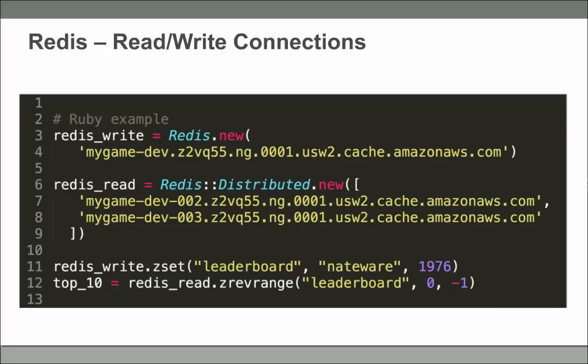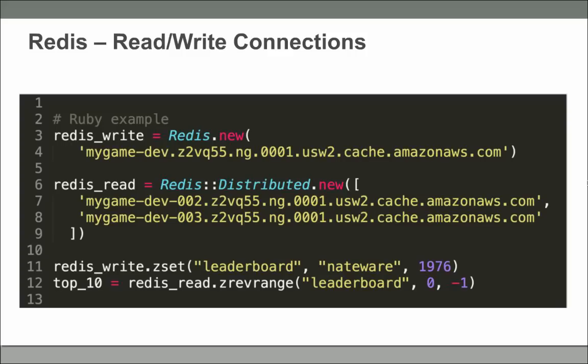Redis supports asynchronous replication. What it means is the data in your replicas will be slightly delayed because the primary is sending it to the replica. In practice, this delay is very small. We're talking tens of milliseconds max, usually less.